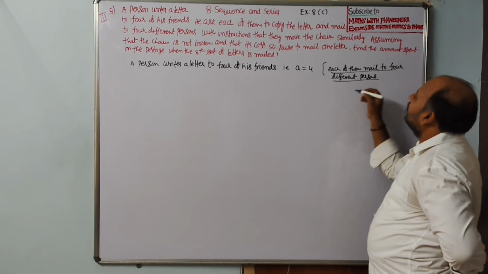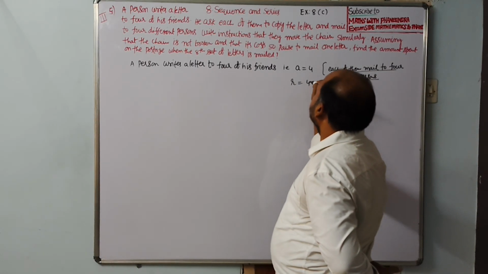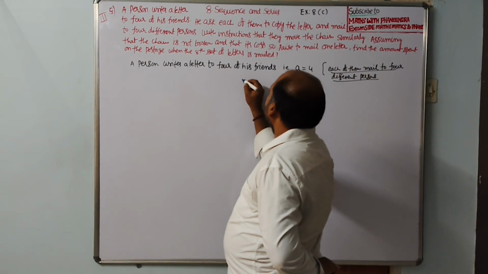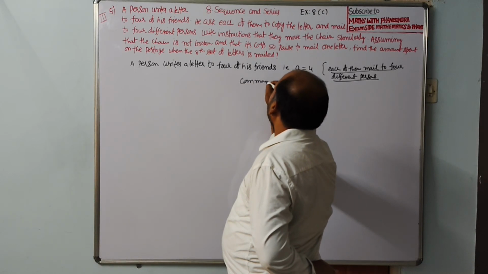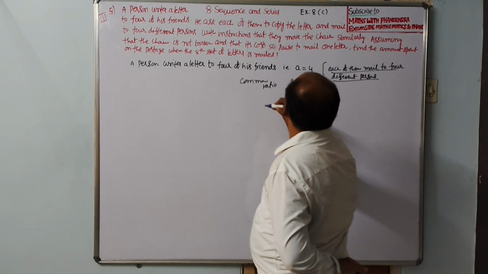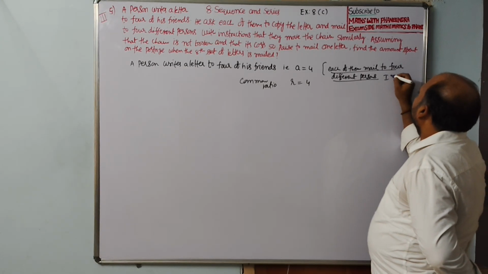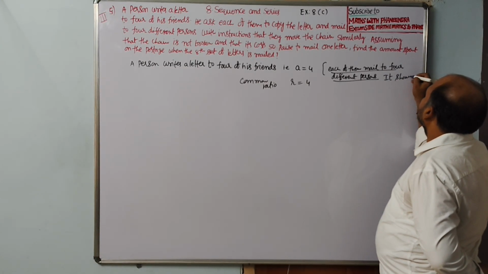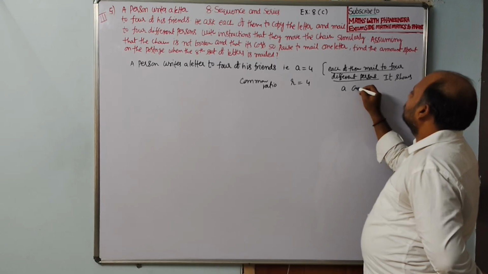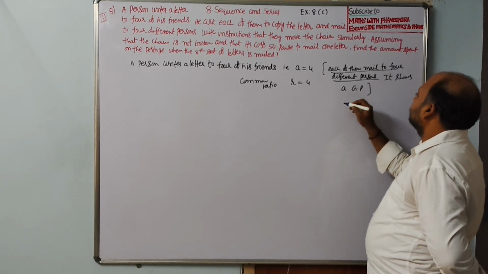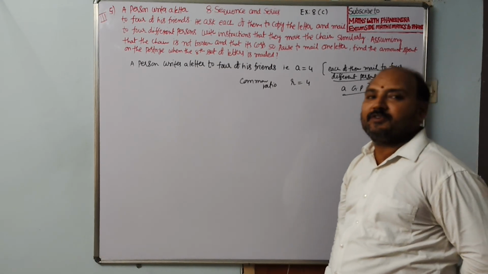Then it comes here, common ratio R is equal to 4. It shows geometrical progression.